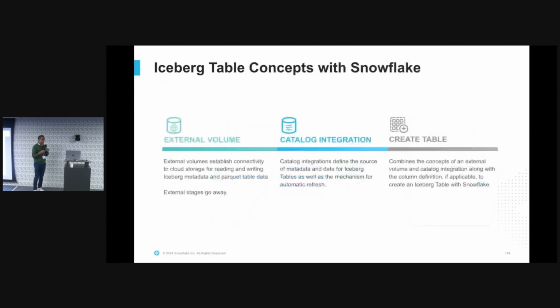There are a few concepts that we are introducing. We are introducing the external volume. We are also introducing a catalog integration. Using these two objects, you can build your Iceberg tables. Why is it useful? Because you don't have to re-key your credentials for your external volume, for your external storage, again and again as you use this table.